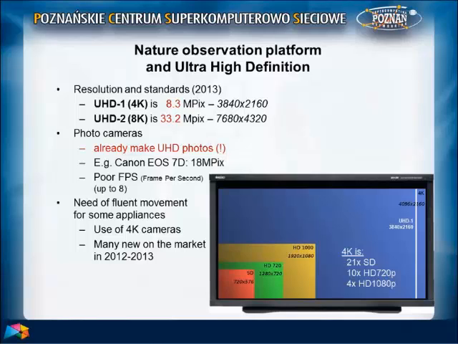But usually photo cameras have poor frames per second, right? Up to 8, up to 10. So in case of a requirement of fluent movement or making very fluent transmission from some places, we use 4K cameras.